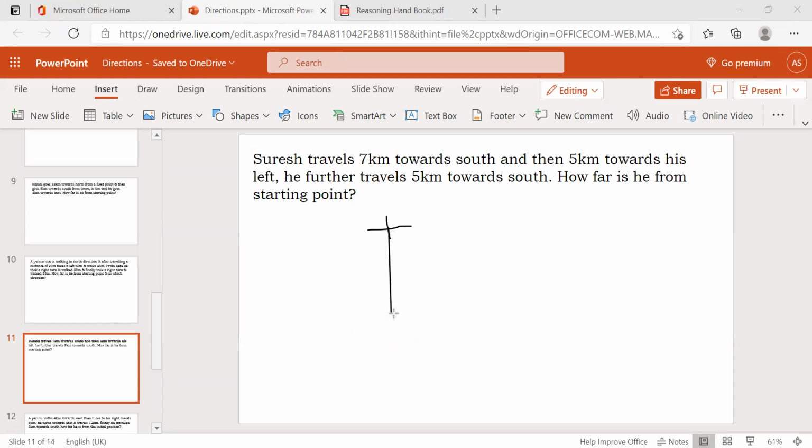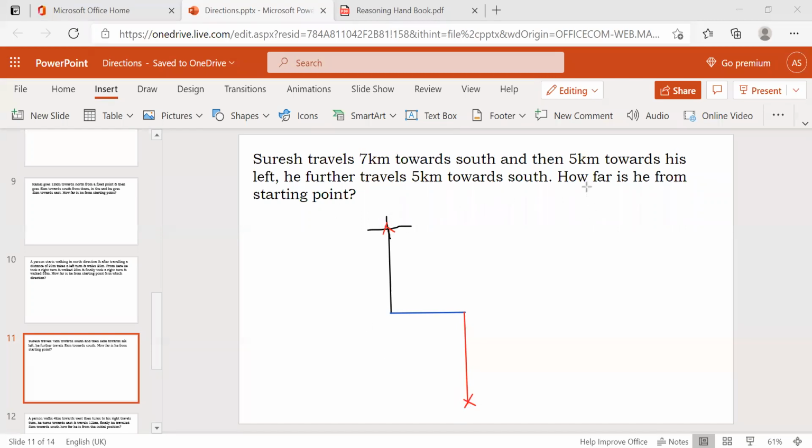Left means east side. How many kilometers? 5 kilometers. And then again he traveled towards south, like this. So finally he is here now, and he started here.